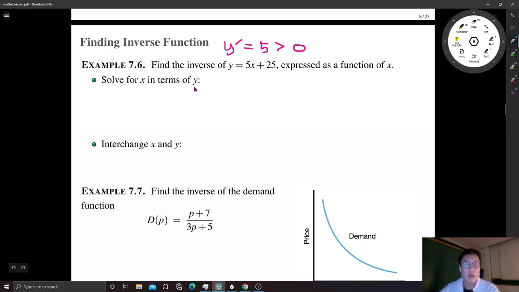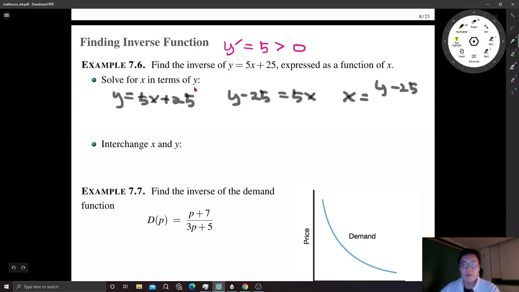So y is given by 5x plus 25, and we solve for x. So moving 25 to the left, y minus 25 equals 5x, and then solve for x: y minus 25 over 5.